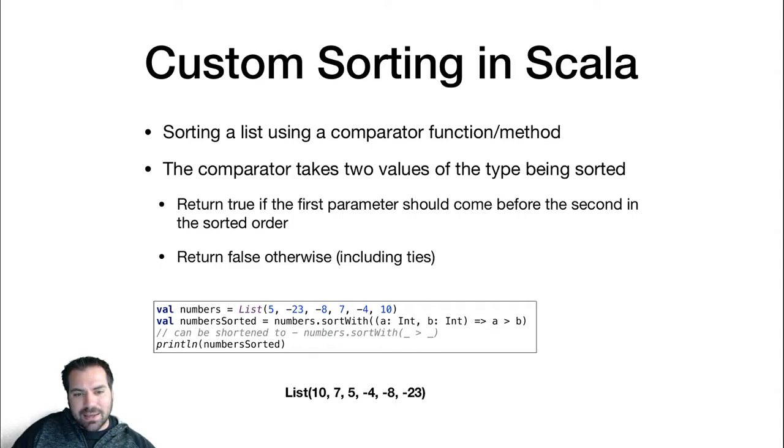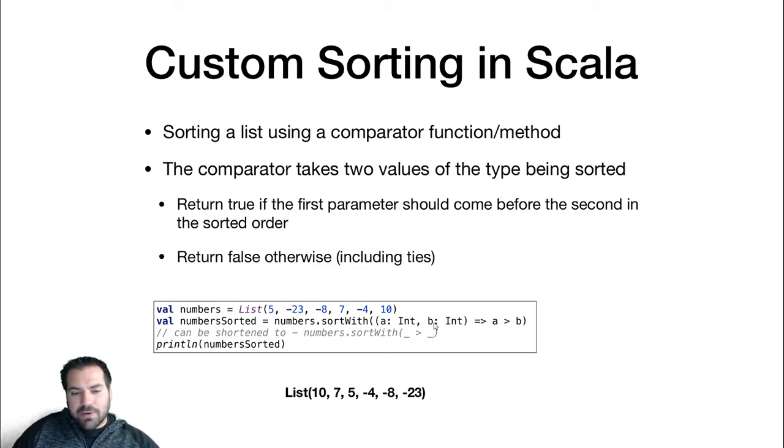Otherwise, the second argument comes after the first argument. Ties aren't broken, so it's just false otherwise. I almost misspoke there. So true if a comes before b, false otherwise.